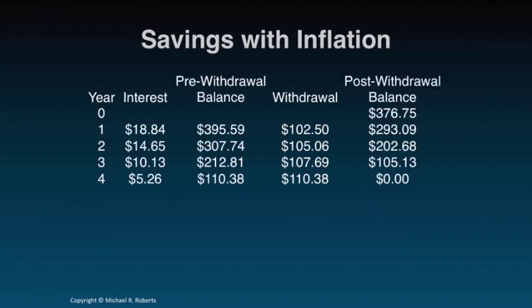Okay, so let's go back to our savings account. We insert the 376.75. We're now going to withdraw money that's growing at a rate of 2.5% per year to keep up with inflation, but our money in the account is earning the nominal rate of return of 5%. And what happens is we exactly exhaust our funds at the end of 4 years. And we've been able to do so by increasing our withdrawals each year to keep up with inflation.